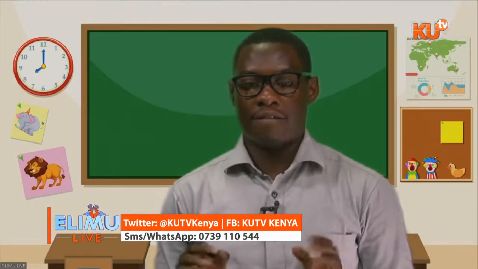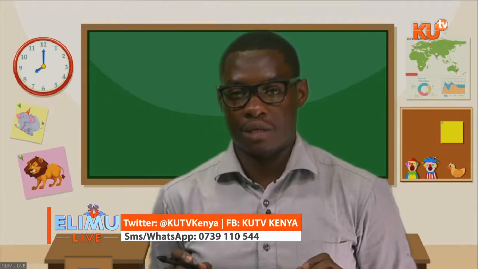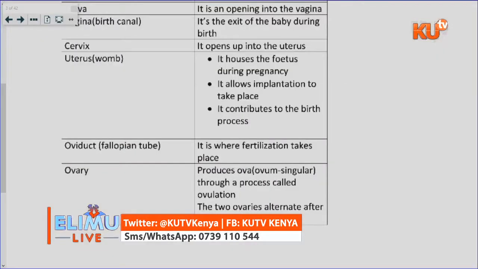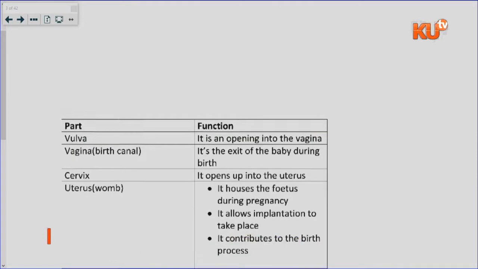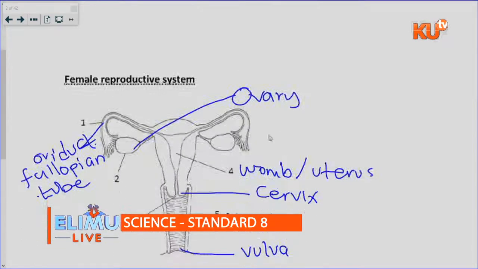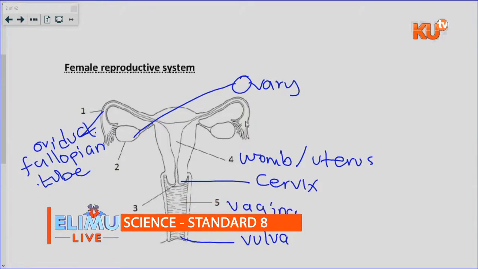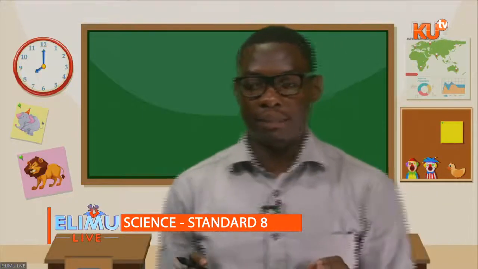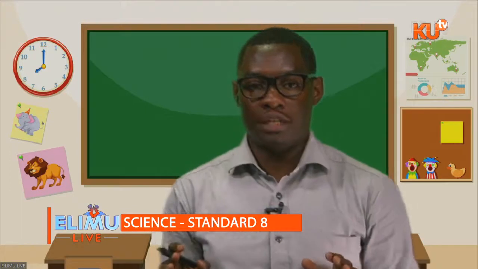And a female has two ovaries, one on the right and the other one on the left. Let's look at the diagram. So we have two ovaries, one on the right and the other one on the left. So this is the first ovary, this is the second ovary. Now these ovaries produce the ova, and it takes place after every 28 days.